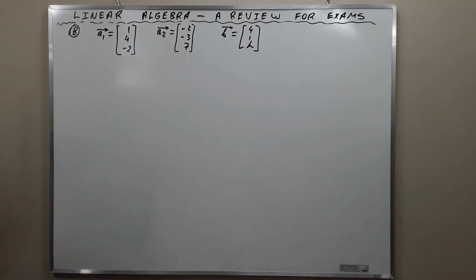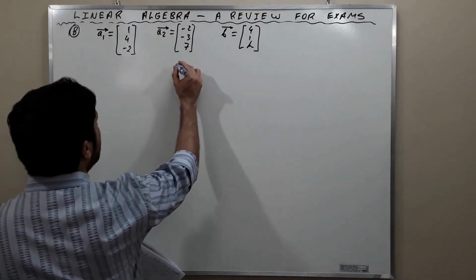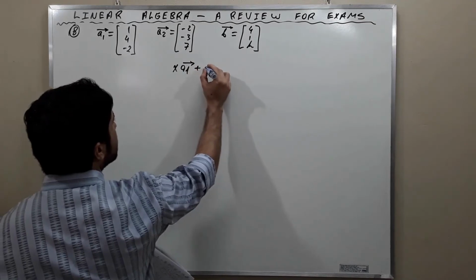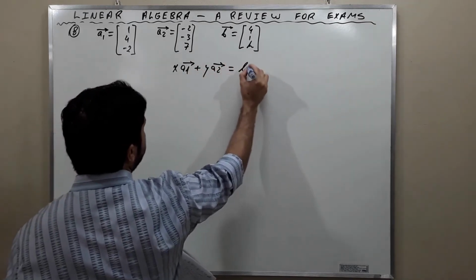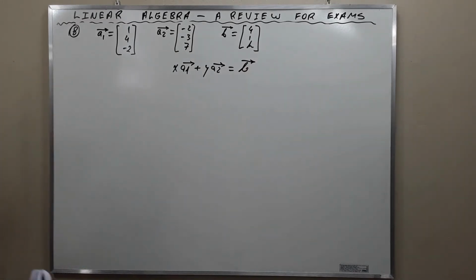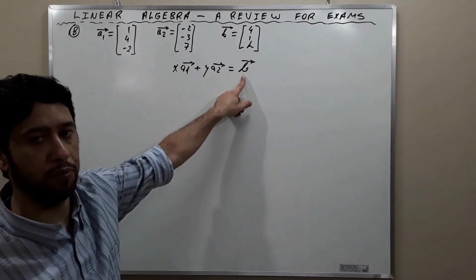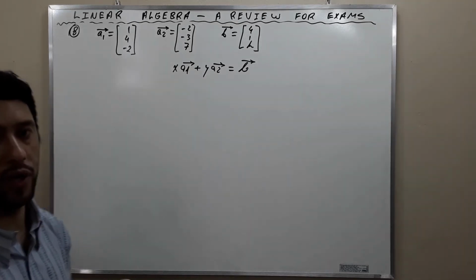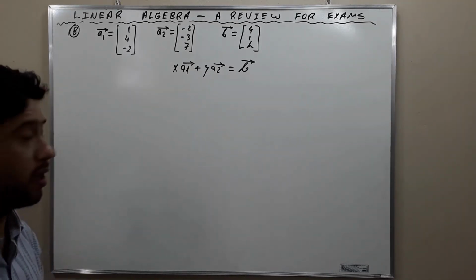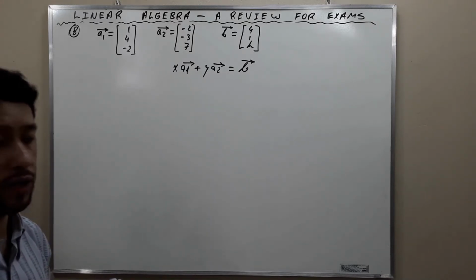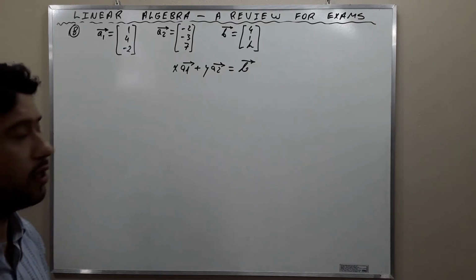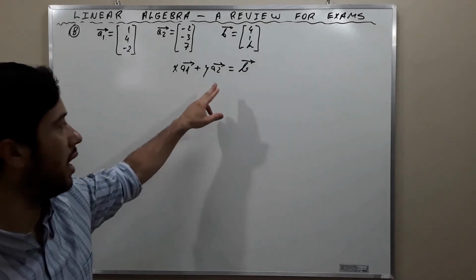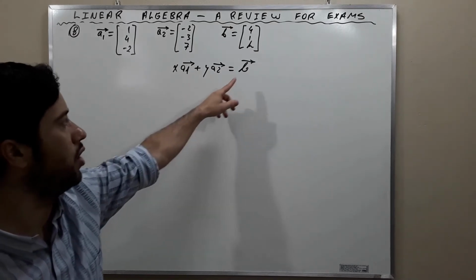b is in the span of a1 and a2 if it can be written as a linear combination of a1 and a2, such as x a1 plus y a2 equal to b. All right? If b can be produced by combining a1 with a2 in accordance with the laws of linear algebra, we are going to use the laws of linear algebra to combine a1 and a2 and produce b.